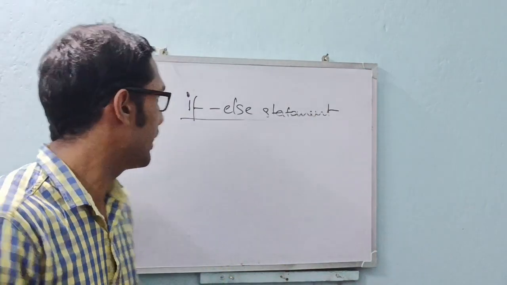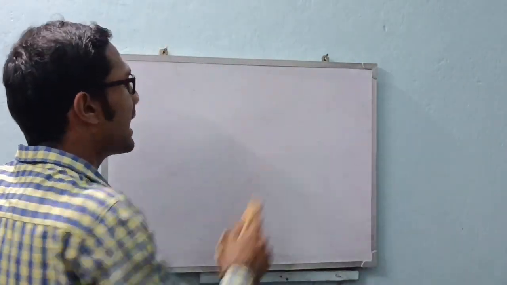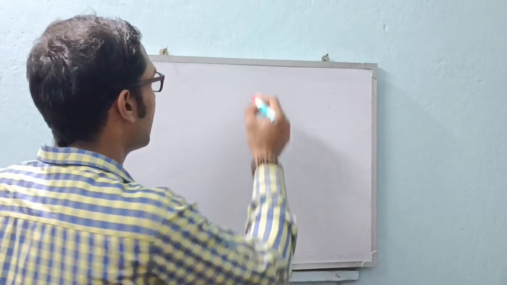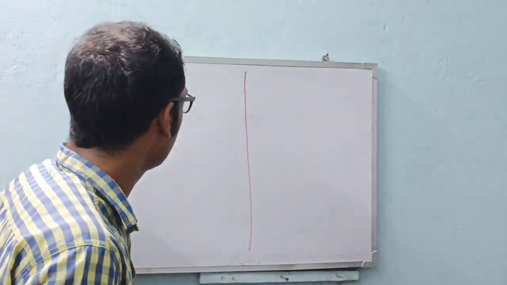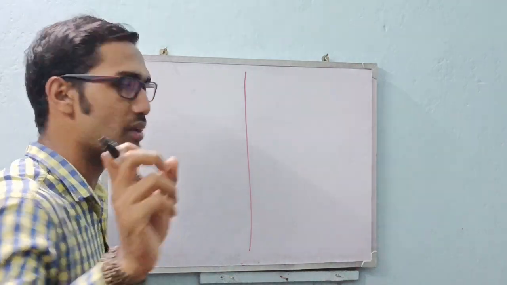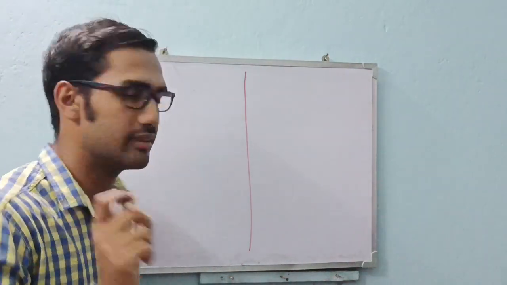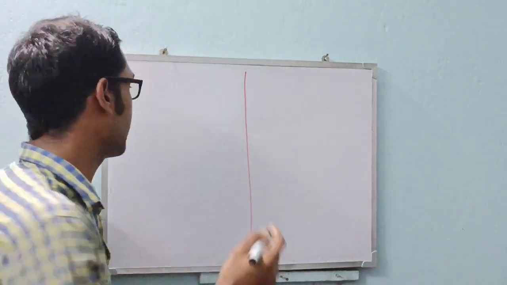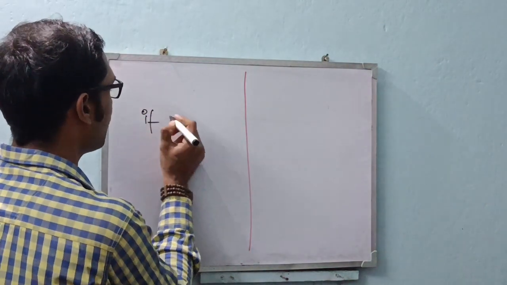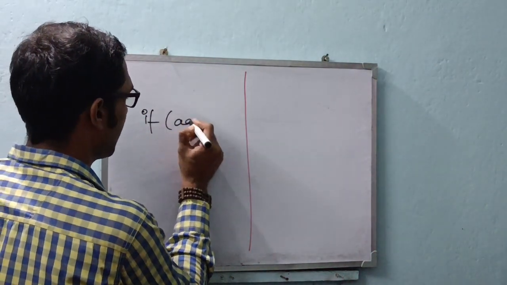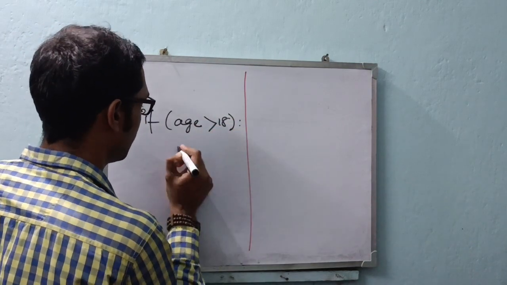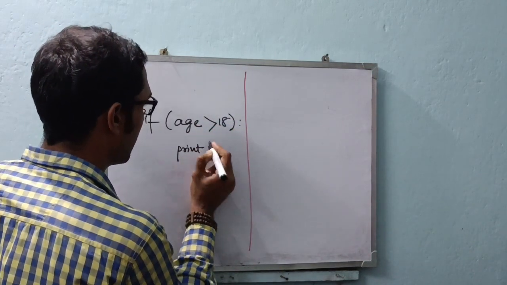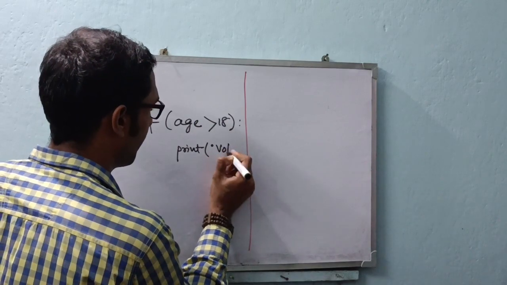Okay, fine. Let me write the code for it, so that would be much better. Let me write the age example which I have taken, the election, where I can vote. So if age greater than 18, print vote.